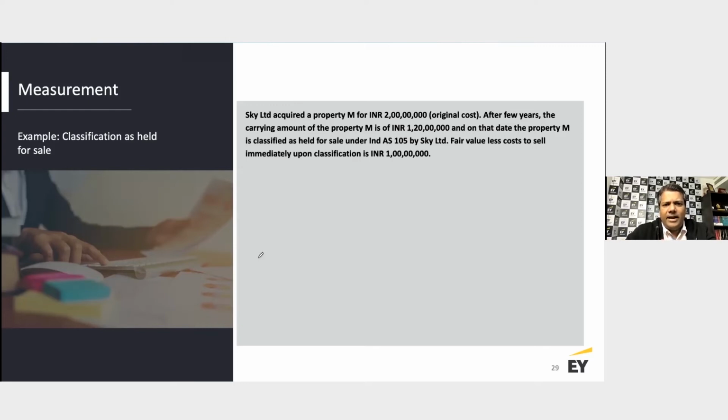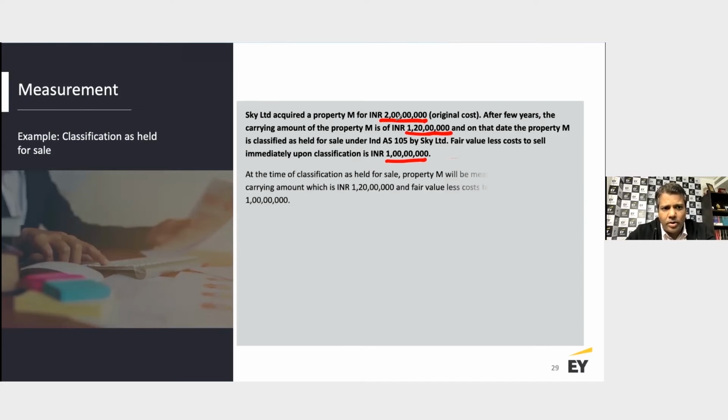Fair value less cost to sell immediately upon classification is INR 1 crore. So multiple data points: 2 crore original cost, the carrying value immediately before classification as held for sale is 1 crore 20 lakhs, and the fair value less cost to sell on the date of classification is 1 crore.